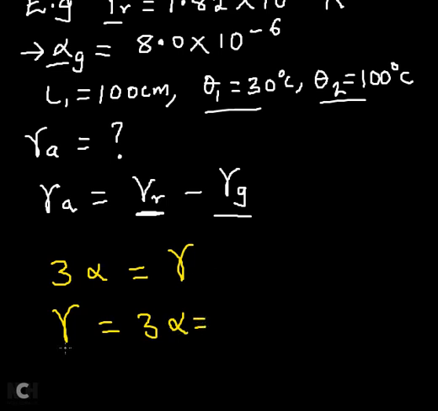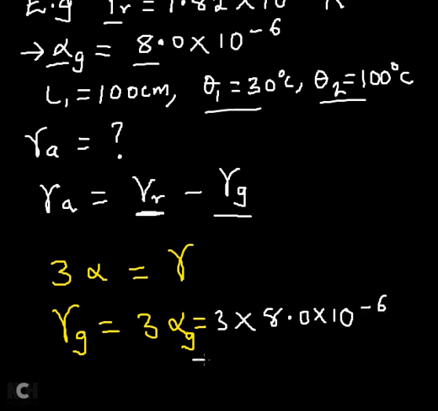So now the cubic expansivity of the glass is going to be equal to 3 times the linear expansivity of the glass. From what we have here, this is going to be equal to 3 times the linear expansivity of the glass, which is 8.0 times 10 raised to the power of minus 6.